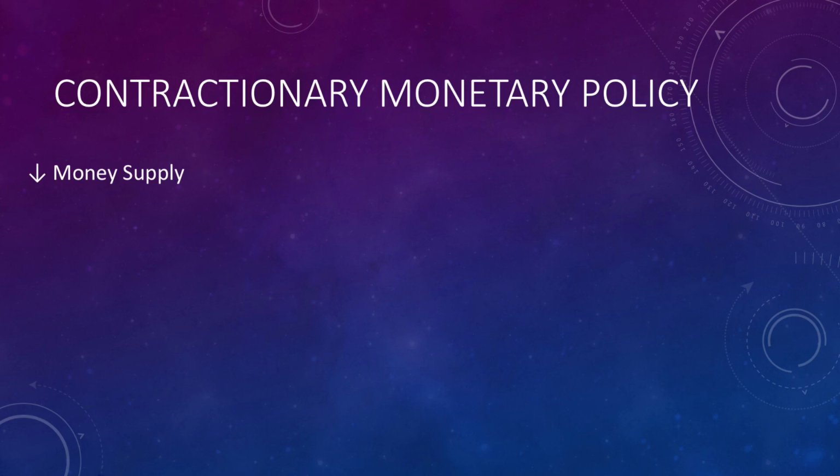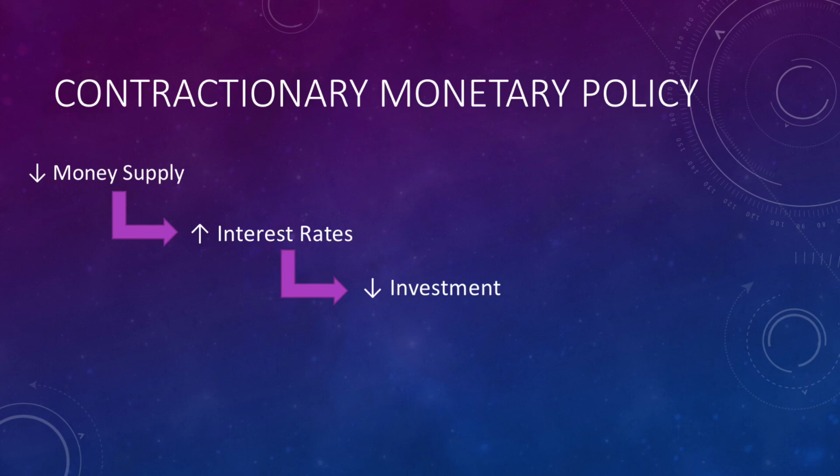Meanwhile, if we do contractionary monetary policy, there would be a reduction in the money supply. This reduction in the money supply would increase the interest rates, the price for the use of money. If interest rates go up, the cost of capital for private businesses would also go up. So the private sector would reduce their investment. Lower investment would decrease the aggregate demand further through the multiplier effect.